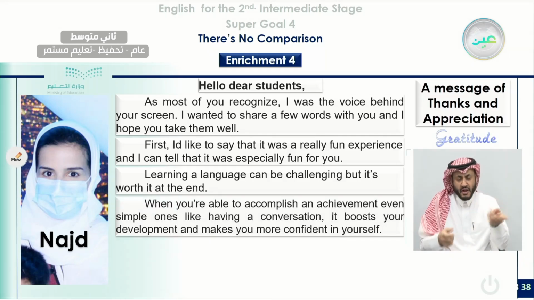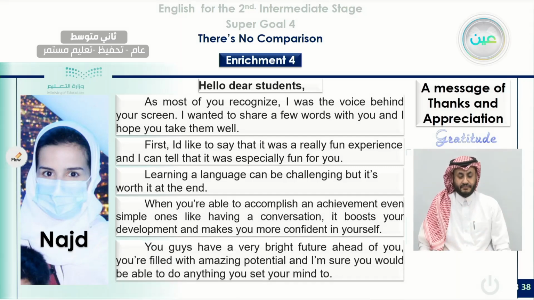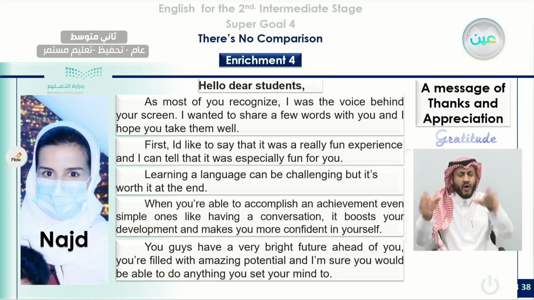When you're able to accomplish an achievement, even simpler ones like having a conversation, it boosts your development and makes you more confident in yourself. You guys have a very bright future ahead of you. You're filled with amazing potential, and I'm sure you would be able to do anything you set your mind to. We support you, and remember to dream big.